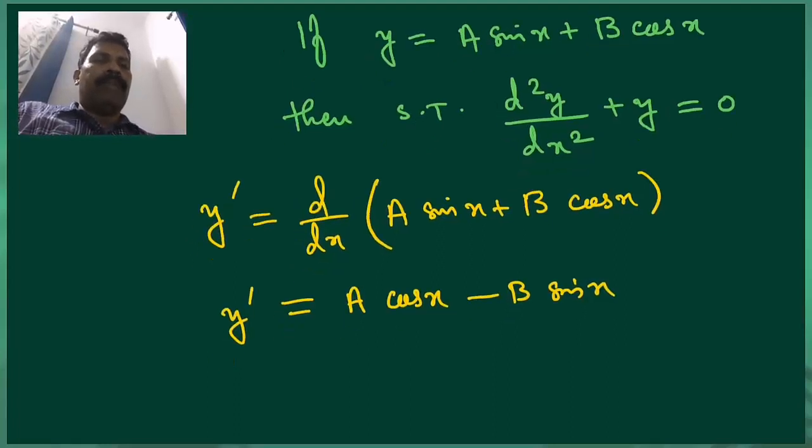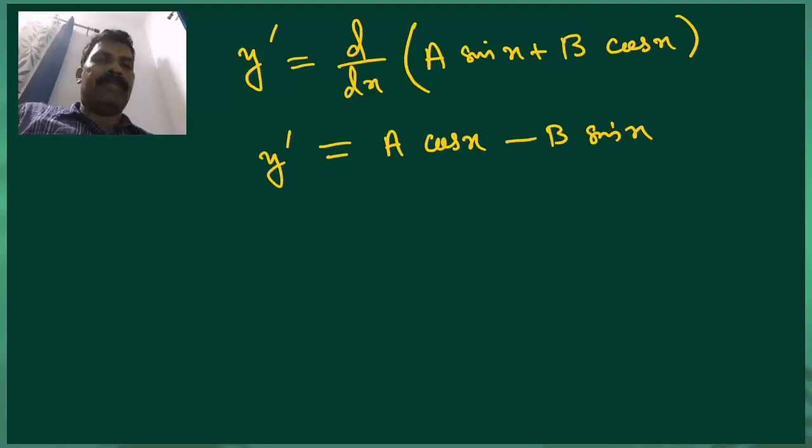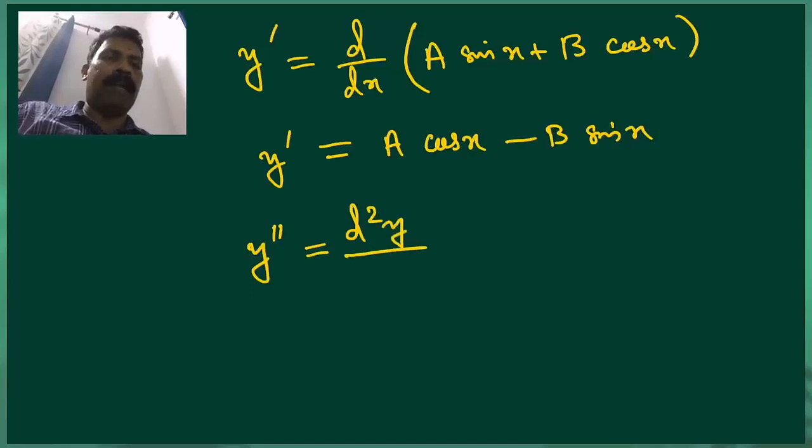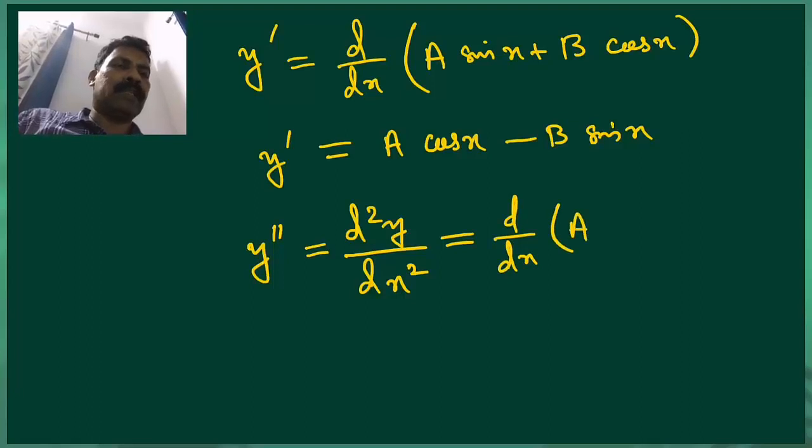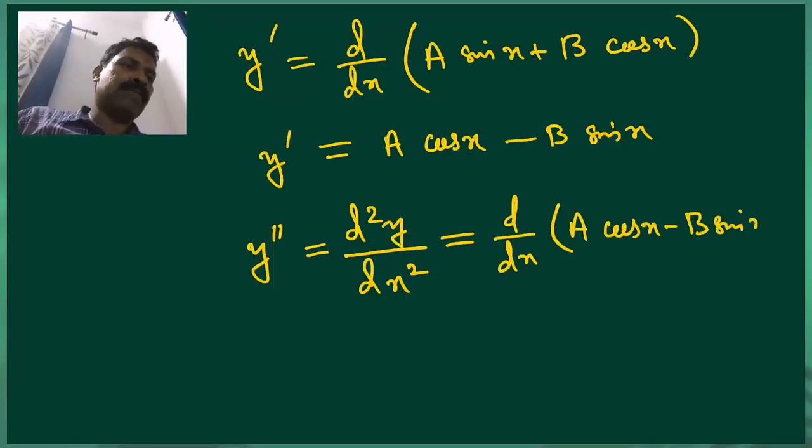Now again we can differentiate, that is, y double dash means the second derivative of y with respect to x, that is equal to the derivative of a cos x minus b sin x.